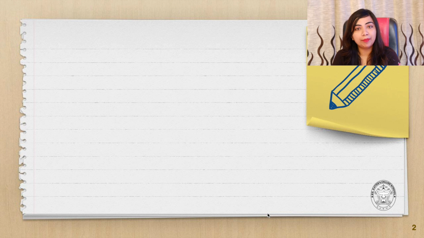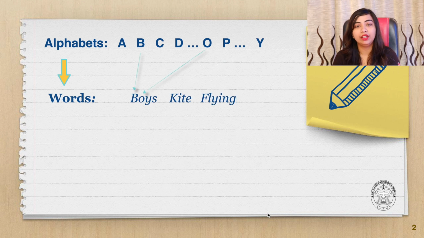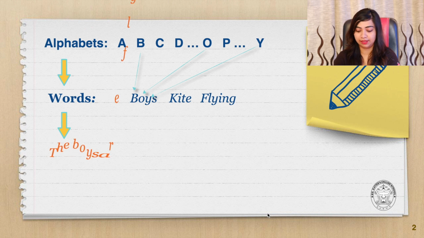As we know that every language has letters, words and sentences, English too has letters, words and sentences. When we combine alphabets, they make meaningful words, and when we combine these meaningful words, they form meaningful sentences.